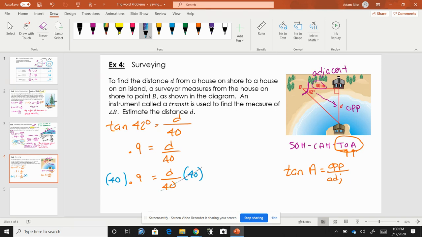And then 40 times 0.9, 4 times 9 is 36. So 40 times 0.9, you're going to get 36. So our distance is going to be 36 feet. Right? If you're not sure, double check 40 times 0.9, you should get 36. All right, so now the distance from the houses is 36 feet.